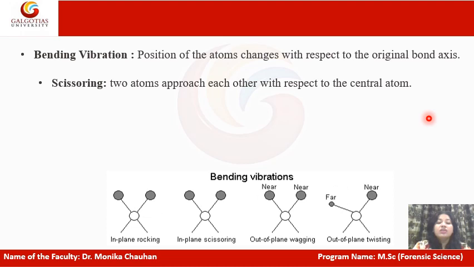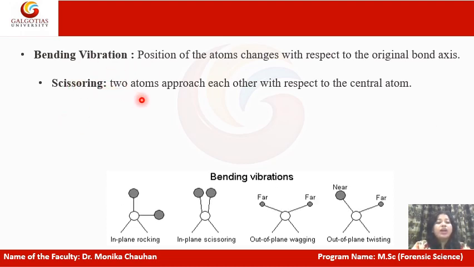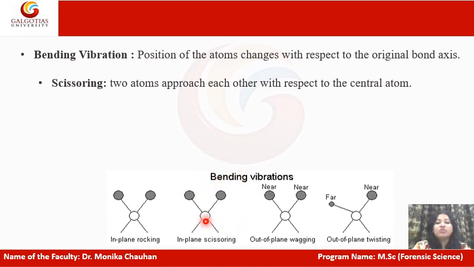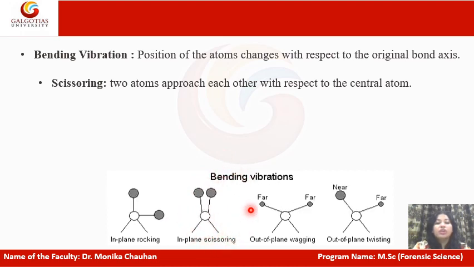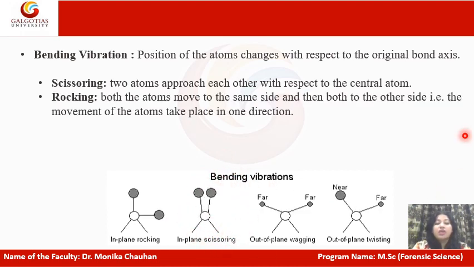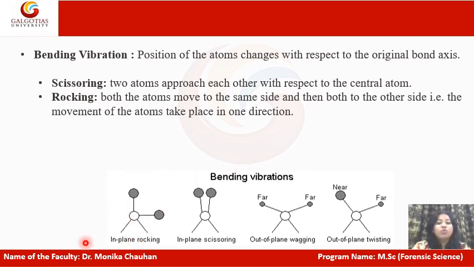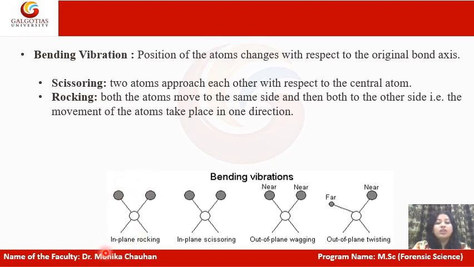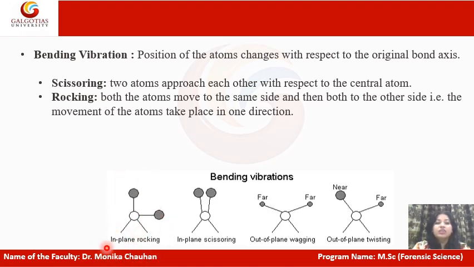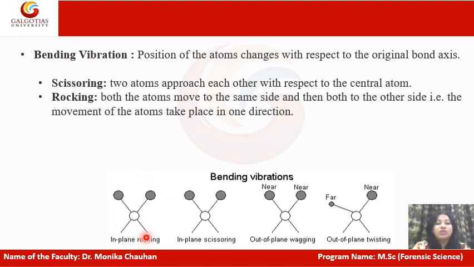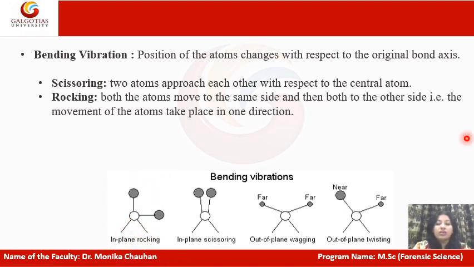Number one, scissoring. Two atoms approach each other with respect to the central atom, called scissoring. Next, rocking. Both the atoms move to the same side and then both to the other side. That is, the movement of the atoms takes place in one direction, called rocking.